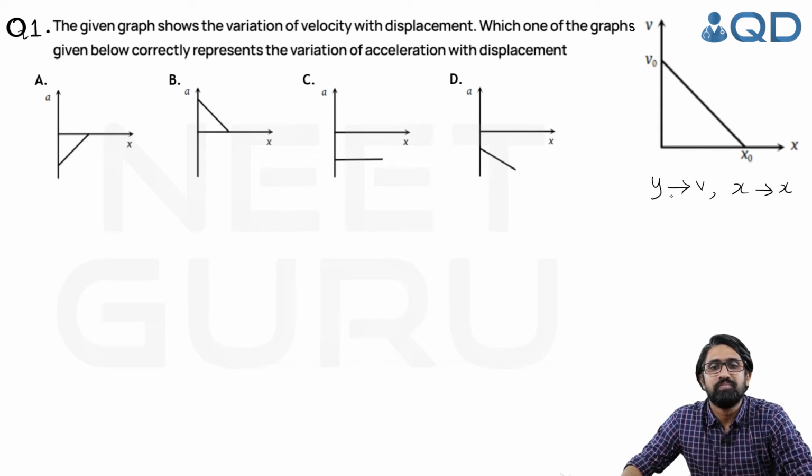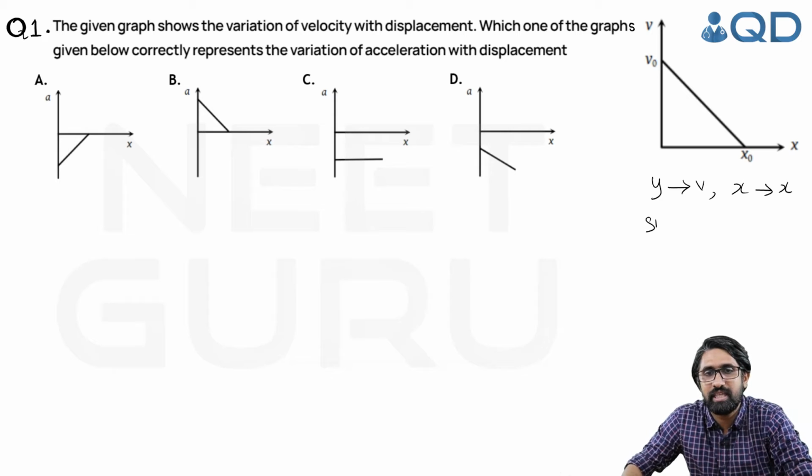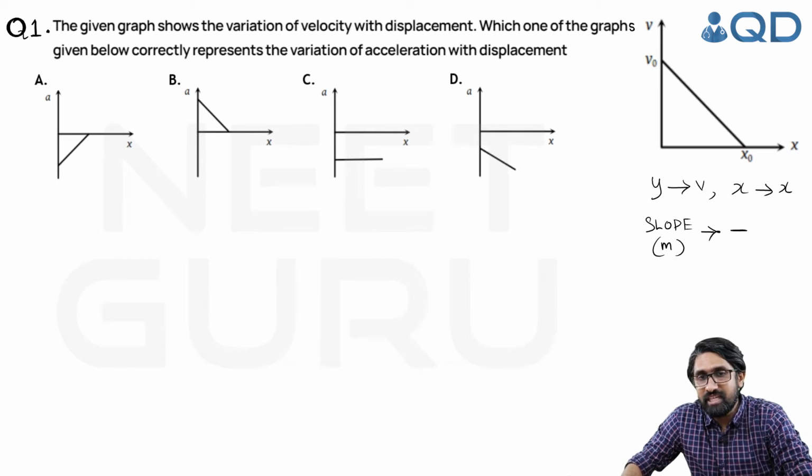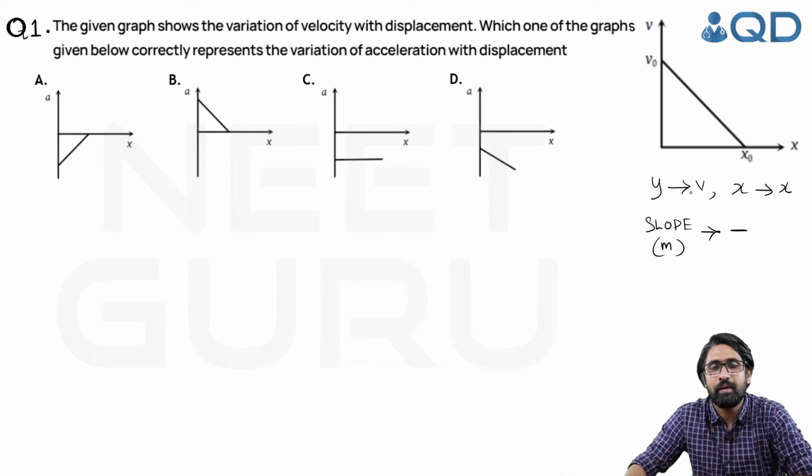itself. Now, from the graph that you see here, it is very clear that the plot is a straight line and the straight line has a negative slope. So I can say that the slope m is negative because you can see the straight line leaning towards left. You can see that very clearly.